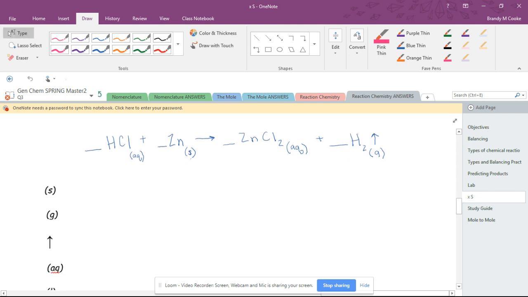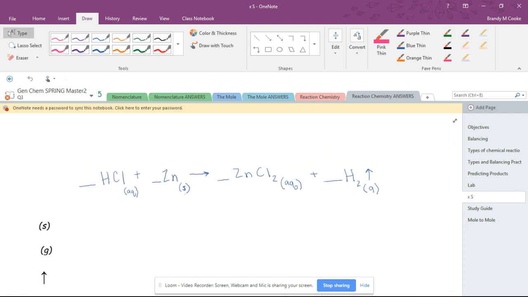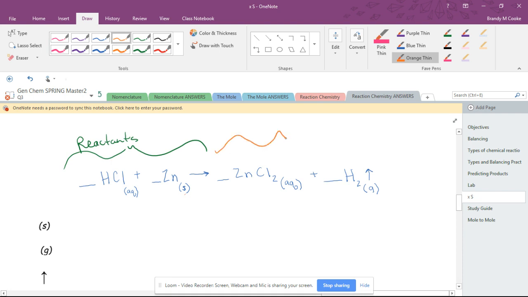So, when we talk about chemical reactions, we talked about a few before we left for break, and we know that this here is a chemical equation. We have the reactants on the left side, and the products on the right side.